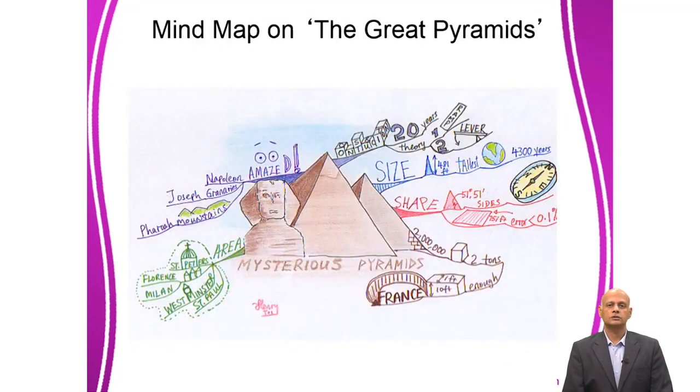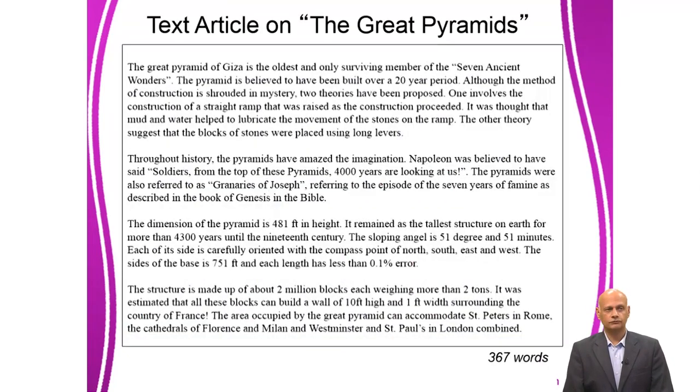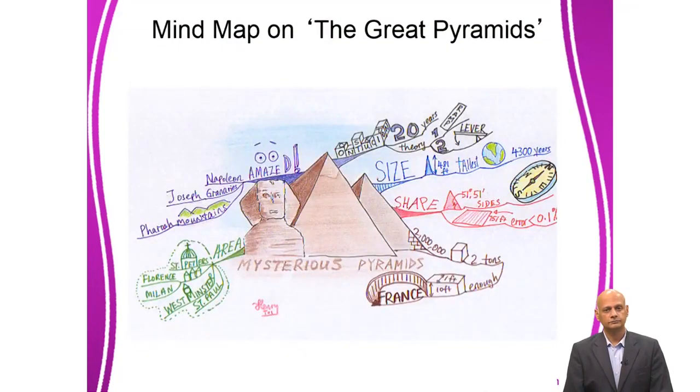This is one of the many ways that it could be done. You see, it has a very powerful central image. Your brain, your eyes go first to the central image. Make it vibrant, make it full of life. All the information from here is available here.